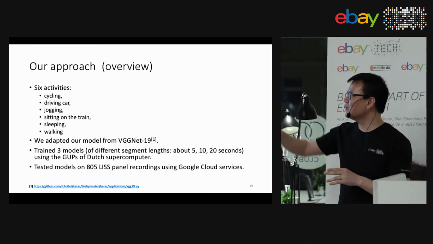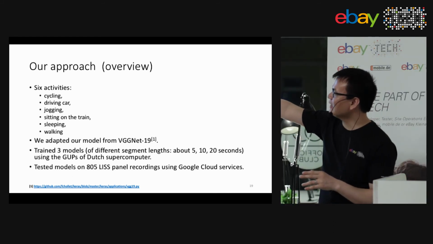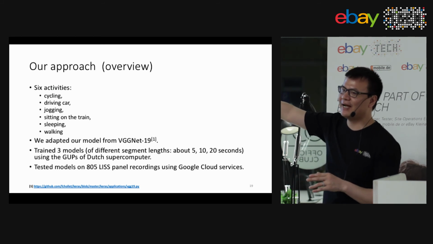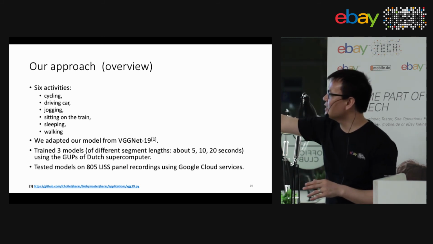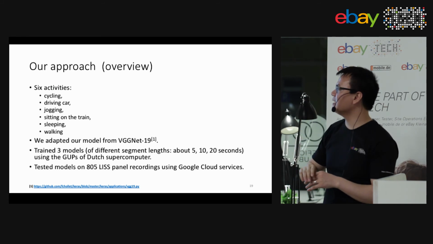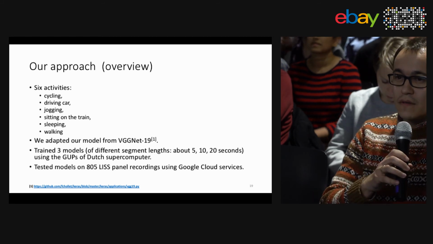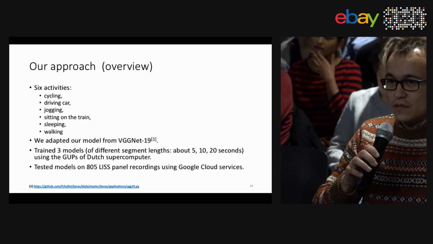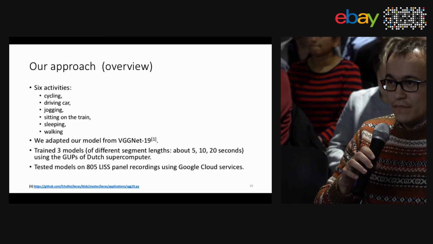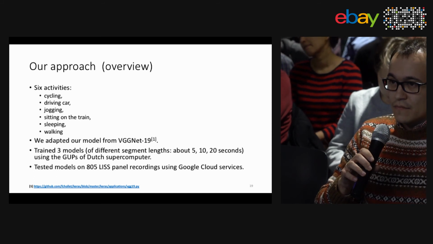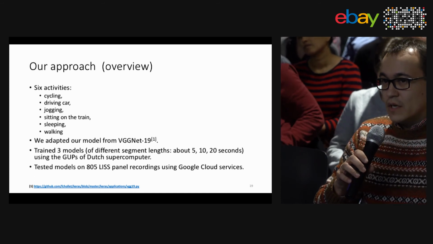So we train the model using the 6 activities we collected, and we apply the trained model to this LISS panel, these 805 recordings. And this application is simply for testing, because this data is unlabeled, so we cannot get knowledge from those unlabeled data. We simply apply it. Okay.